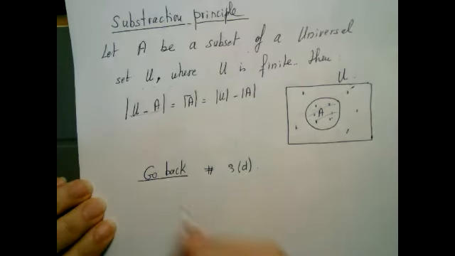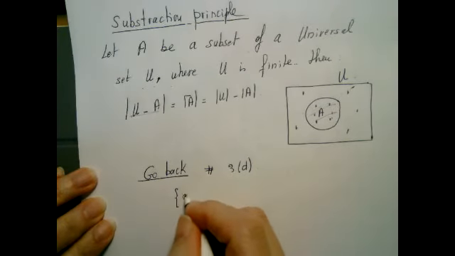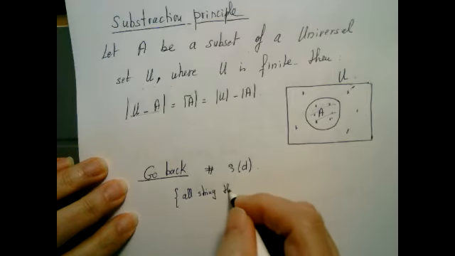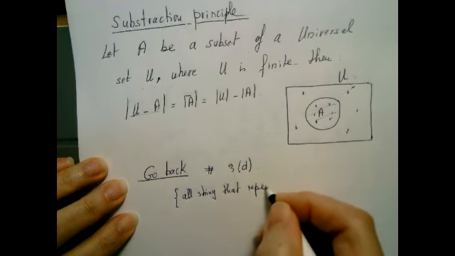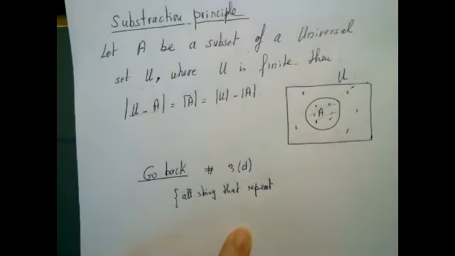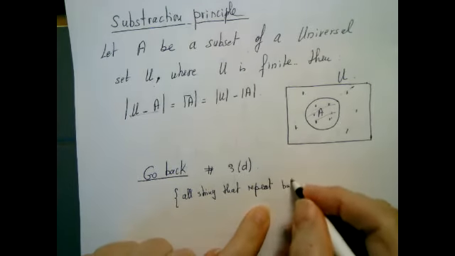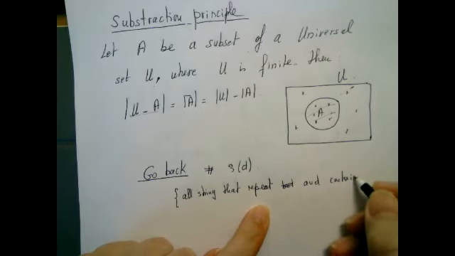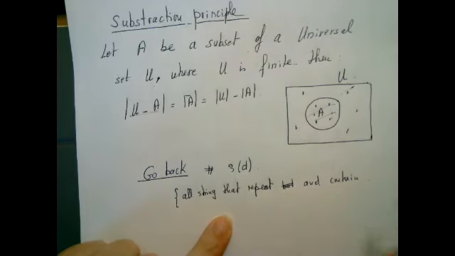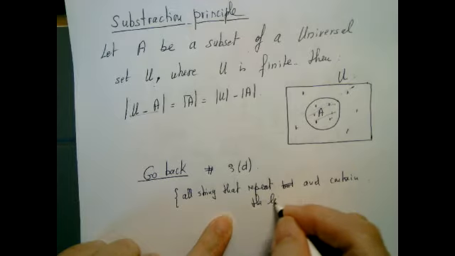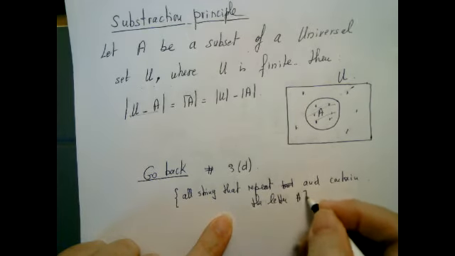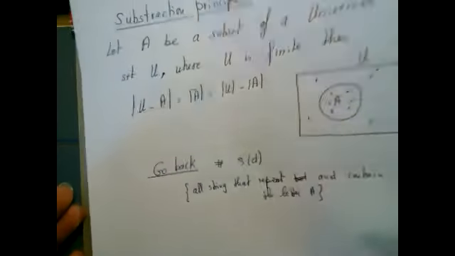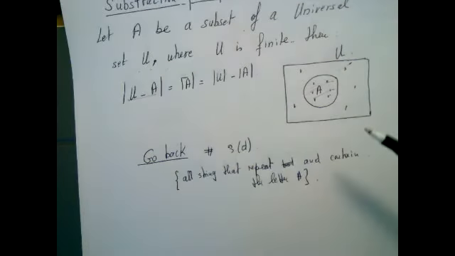Okay, and what I was interested in is all the strings that repeat, and have at least one A, and contain the letter A. All the strings that repeat and contain the letter A. So the way I'm going to think about it is the following.